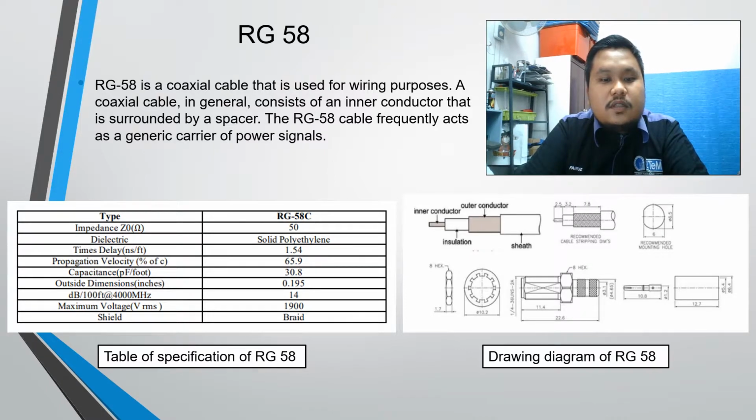Capacitance is 30.8 picofarad per foot. Outside dimension is 0.195 inch. The frequency is 14. Maximum voltage is 1900 V RMS. The shield is braided.